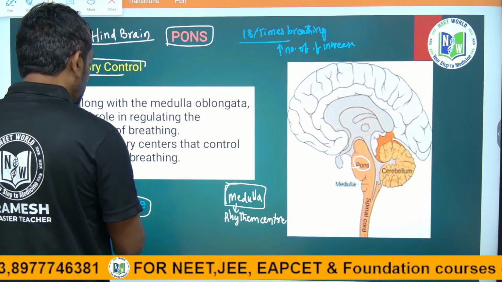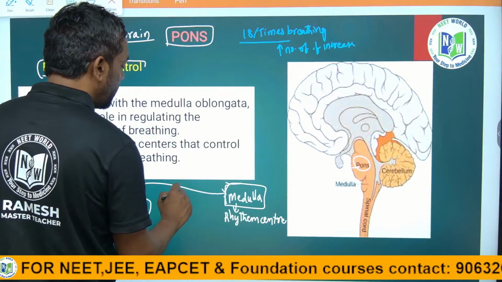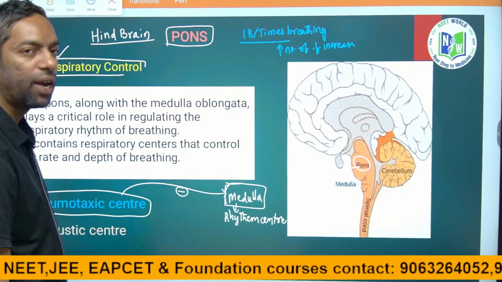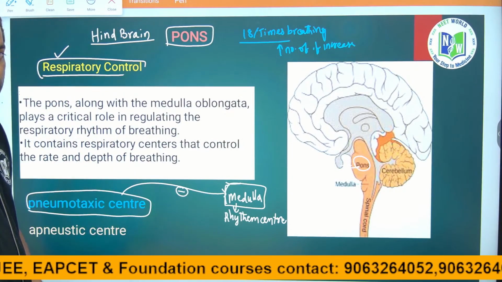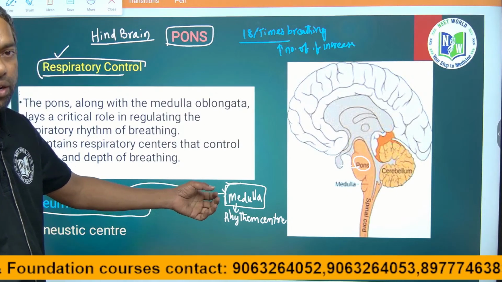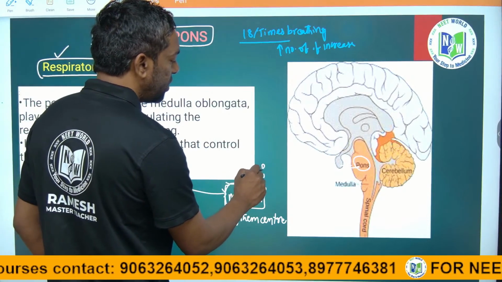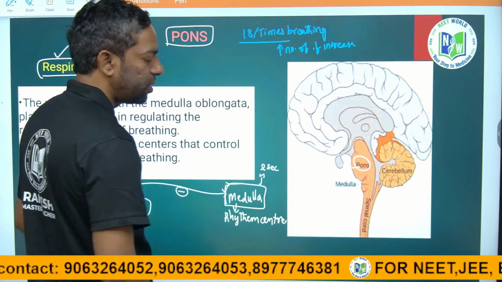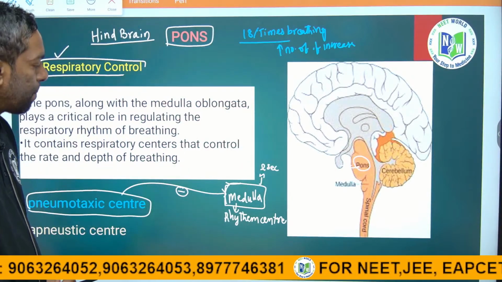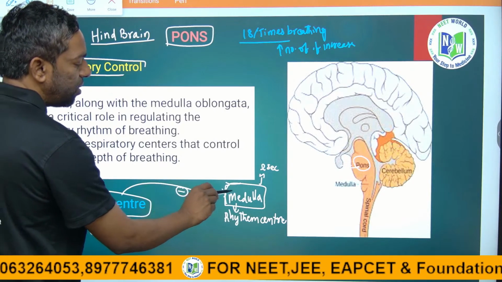There is an area in the pons that can give negative signals towards the medullary rhythm center. In that condition, the breathing frequency decreases for 2 seconds. After that, it can give signals to the medullary rhythm center.